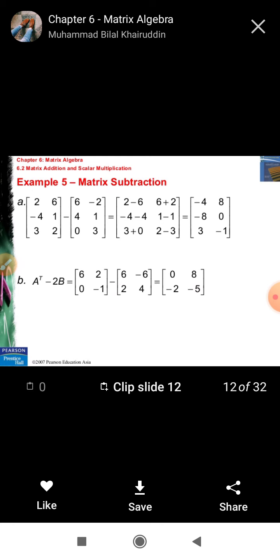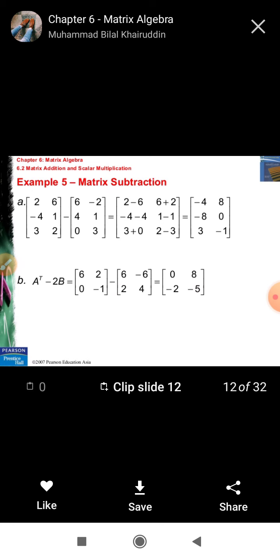Matrix subtraction. Two matrices can be subtracted if the corresponding elements are subtracted, giving the resulting matrix. Here we have two matrices A and B. A is 2 6 minus 4 1 3 2. B is 6 minus 2 4 1 0 3.